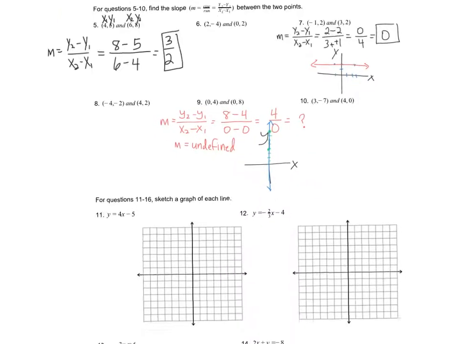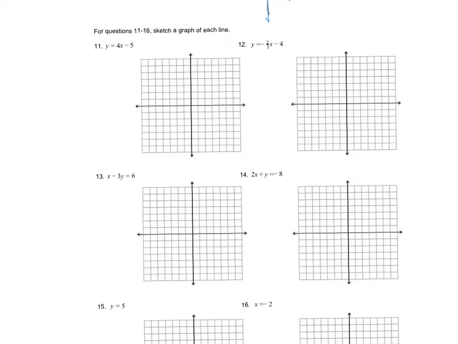But the next section is we're trying to graph lines now. So we have equations now expressed as several different forms. So some of these are in slope-intercept form, some of these are in standard form, and then a couple down at the bottom are maybe special cases of lines that I guess are technically standard form and slope-intercept form.